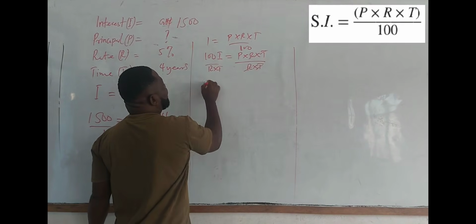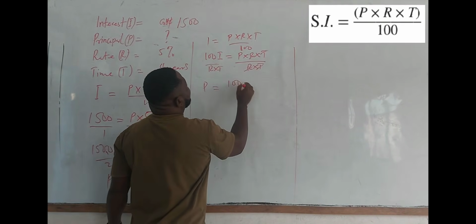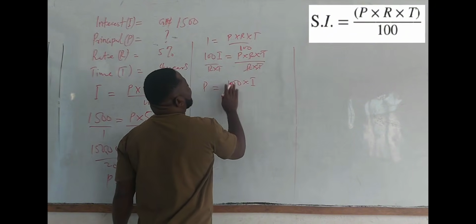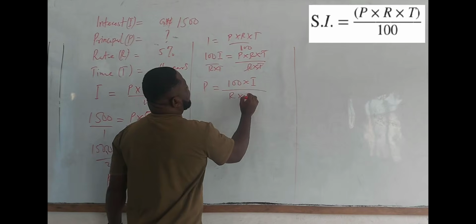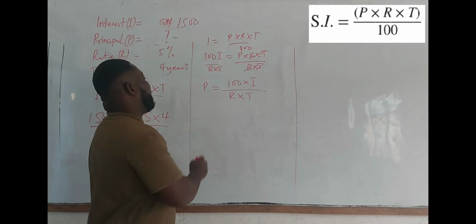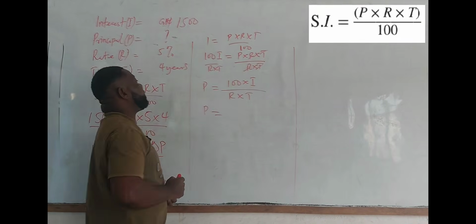And then our P is equal to 100I all over R times T. So from here, you put the values inside like we did before.